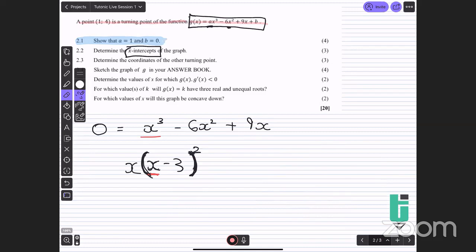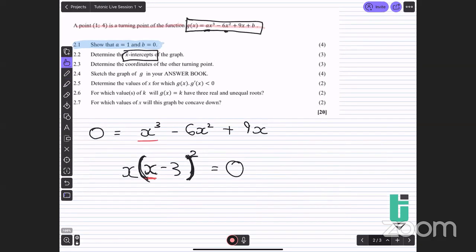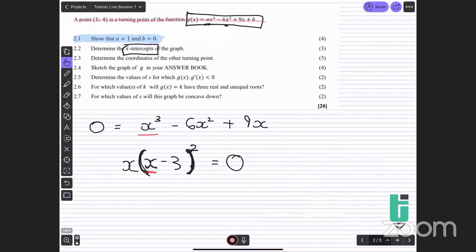So what are the x-intercepts then? X is equal to 0 and x is equal to 3. And we said that not only is x equal to 3 an x-intercept, but it's also a bounce point.